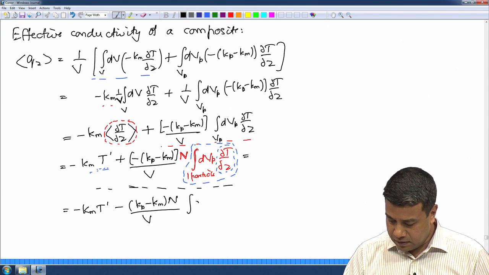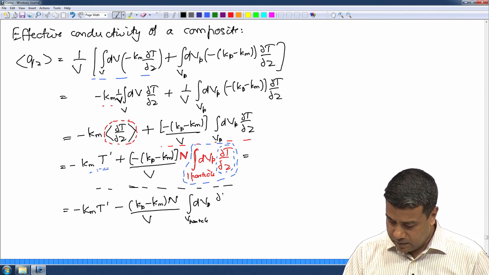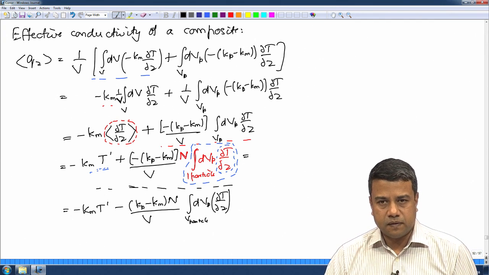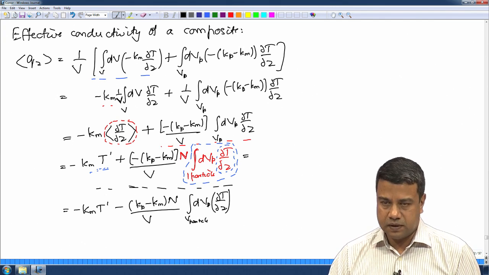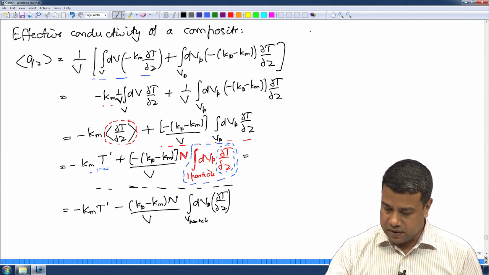Integral over the particle of partial T by partial z, within the particle. And now we have the temperature within the particle.